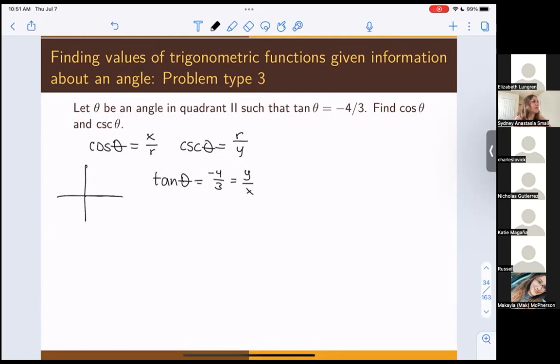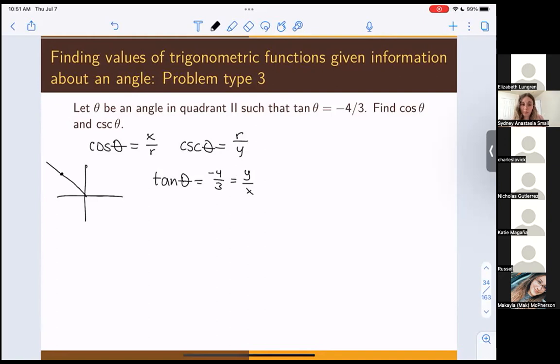Or, sorry, my bad. We know that there is a point over here that the terminal side passes through that is x equals something 3 and y equals something 4. I put the negative sign in the numerator because it's convention.